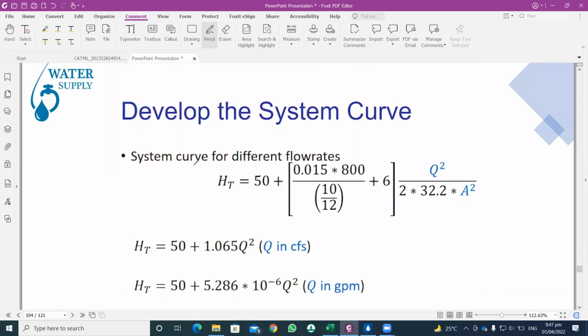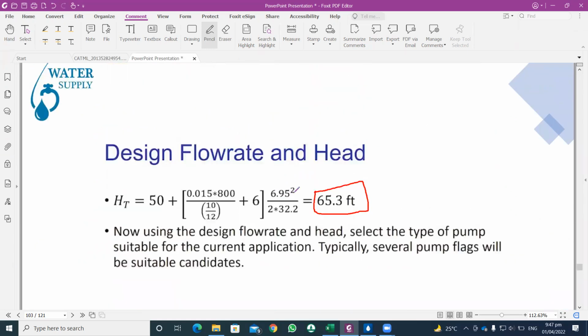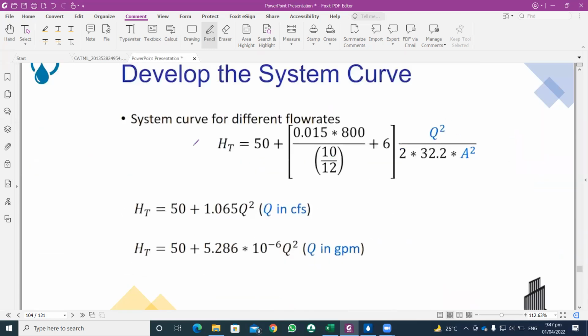Now we will derive a system curve by putting the discharge equation in place of the velocity. Basically, this is the velocity. Q is equal to AV, so Q by A is equal to V. We put this into the equation in order to get the system curve.